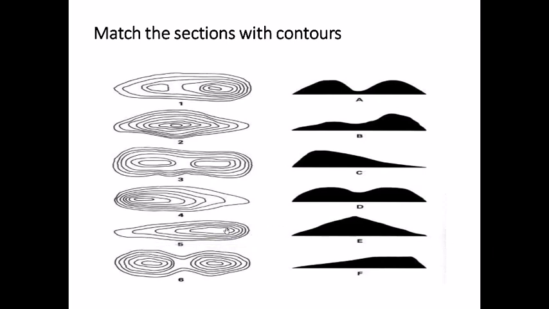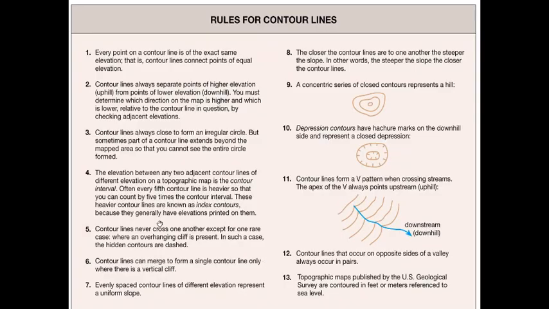But it can be the case that in this contour, if I write 500, 400, 300, 200, 100 over here, that means instead of this being a hill, it's a valley. Because at the center the elevation is lowest, and as you go towards the sides, the elevation keeps on increasing. That means this is a valley. So you need to see what the index contours tell you, how the elevation is changing as you move along the contour map, and that is how you get a picture of what the ground is like.